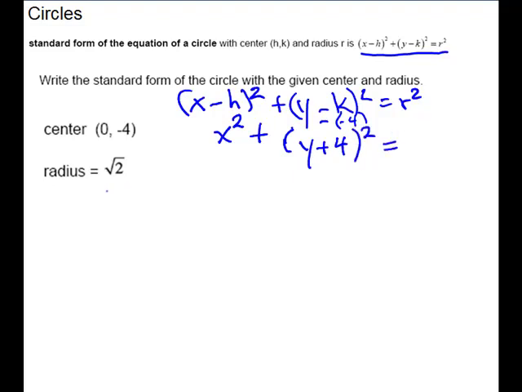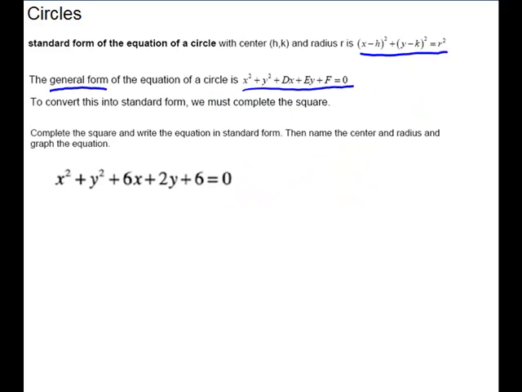And to square our r, square root of 2 squared would just give us 2. So x squared plus y plus 4 squared equals 2.